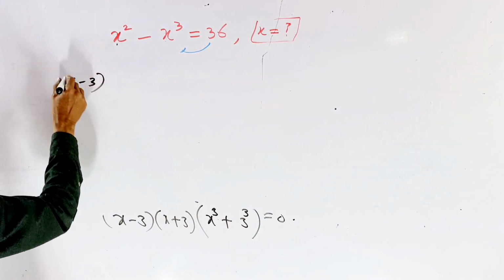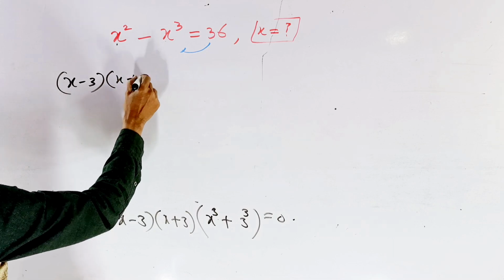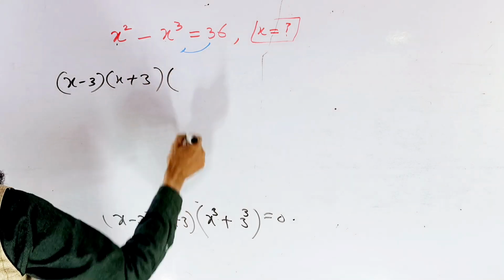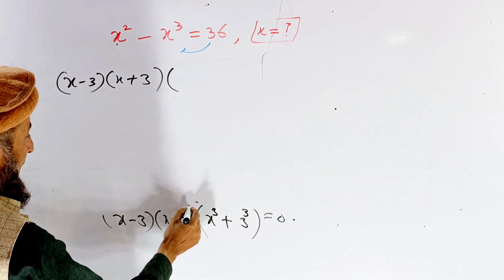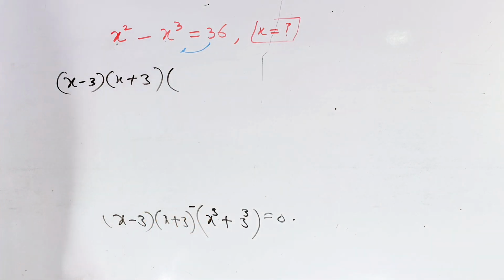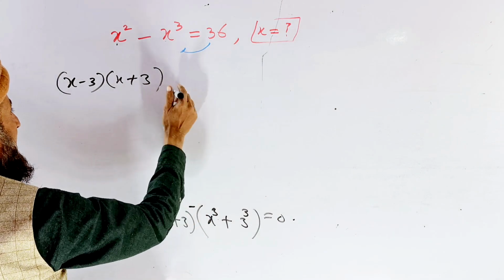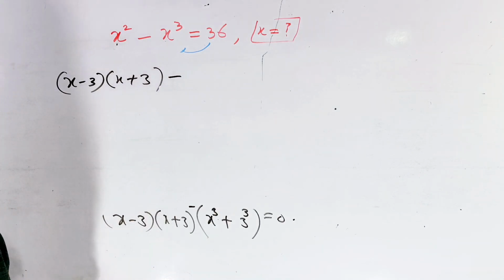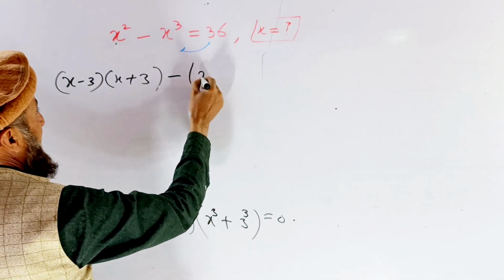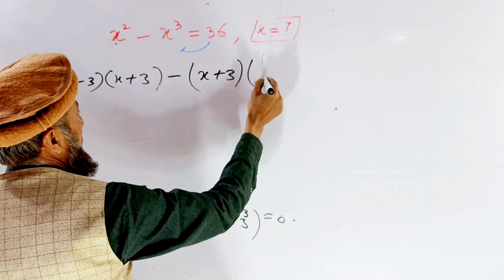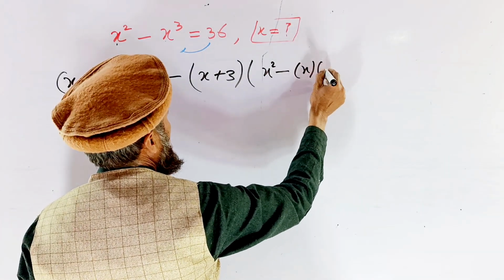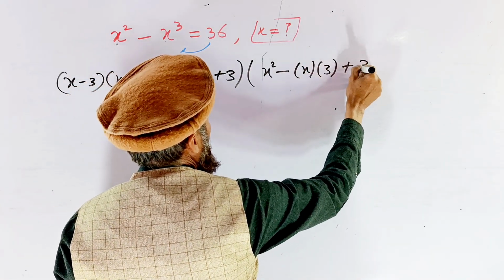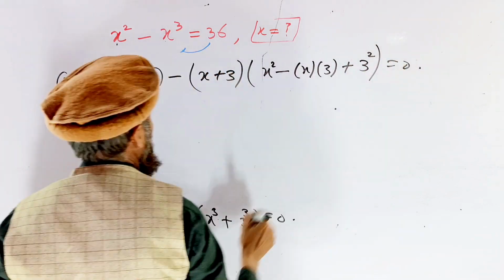We have taken common minus, and minus is coming in the middle term, minus x plus 3 into x square minus 3x plus 9 is equal to 0.